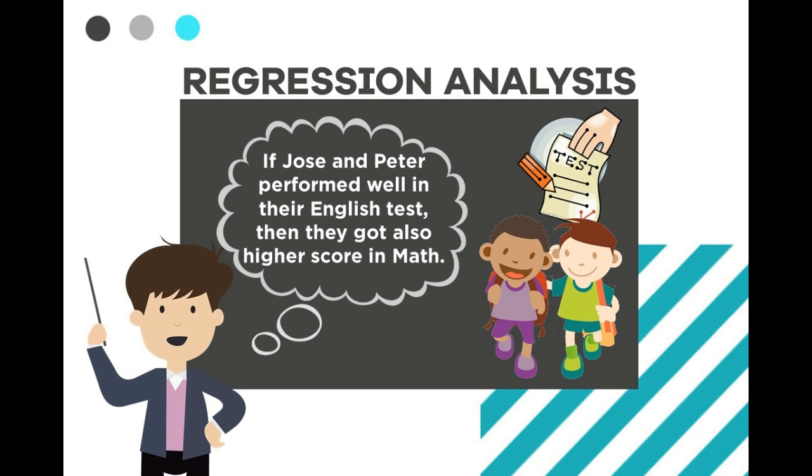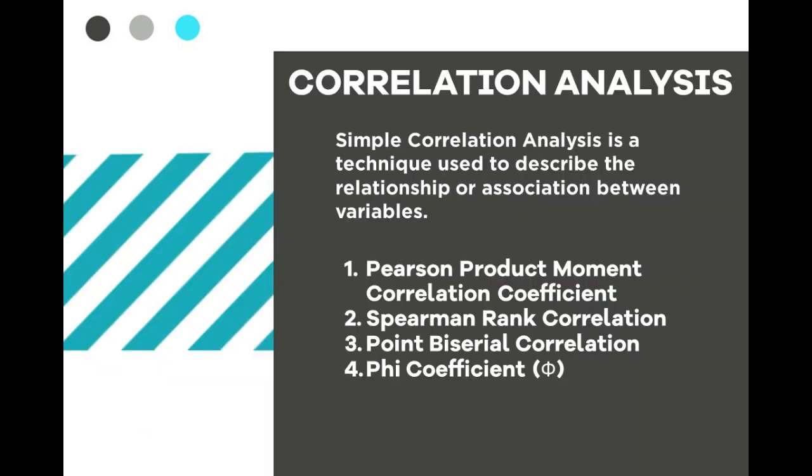Okay? So, isa-isahin natin. So, there are many ways to compute for the correlation. Specifically, kailangan natin malaman muna yung types ng variable na meron tayo in order to go on with our different process na pwede natin gamitin in correlation analysis.